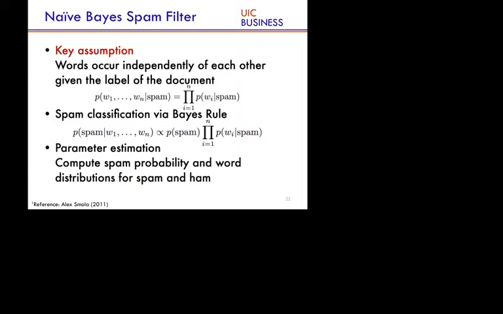The assumption is codified in this product distribution. We are claiming that this conditional distribution just decomposes as a product of a bunch of simple conditional distributions. If you want to classify a sequence of words, given whether each word occurred or not, whether that example is spam or not, then by Bayes rule it's proportional to the probability of spam times this product distribution.